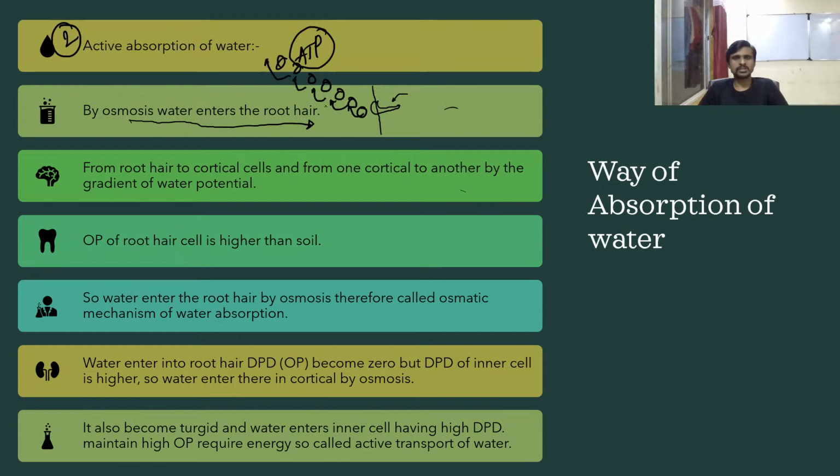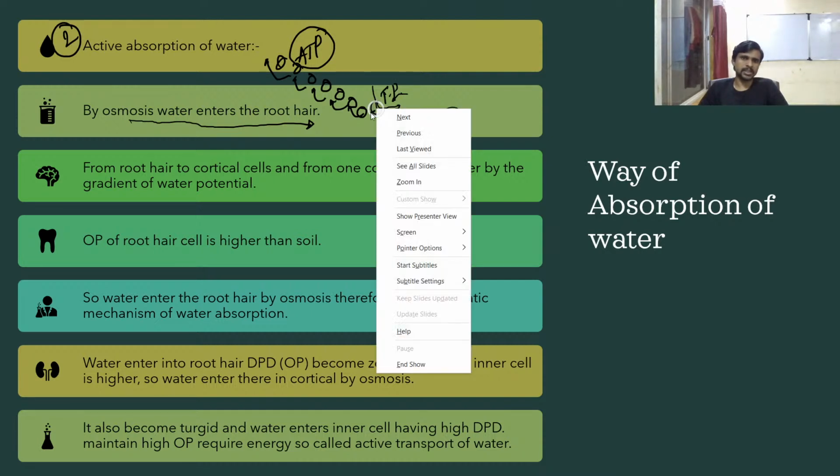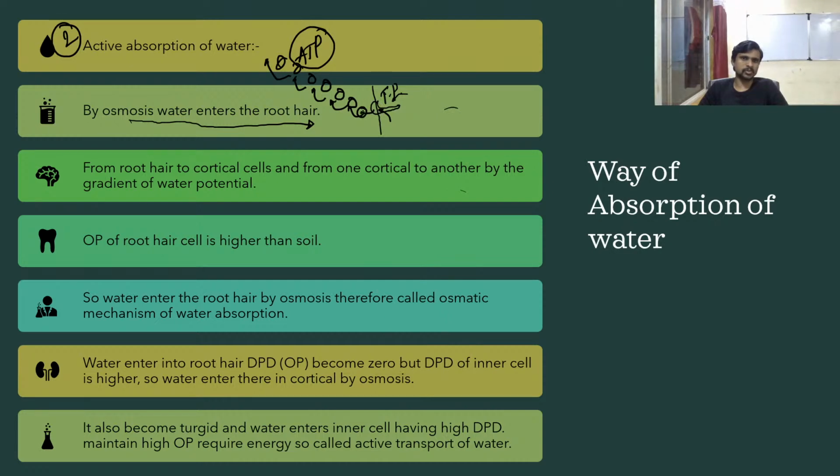This is how it moves one by one, because when water enters the first root hair cell, there is more turgor pressure inside the first cell, so it applies this pressure on the second cell, and the second cell absorbs this water. So this cell can donate water to the cell behind it because of the turgor pressure, and this pressure increases in this direction and moves toward the higher part of the plant.